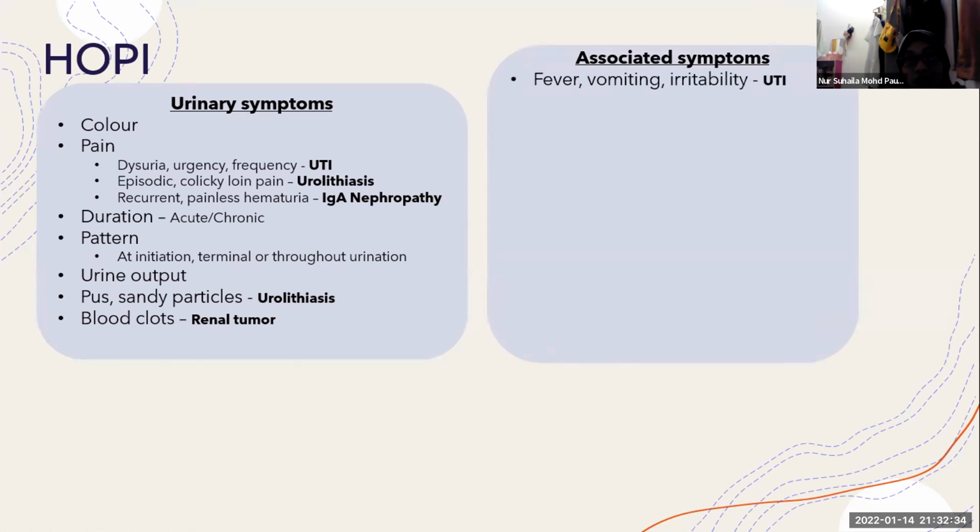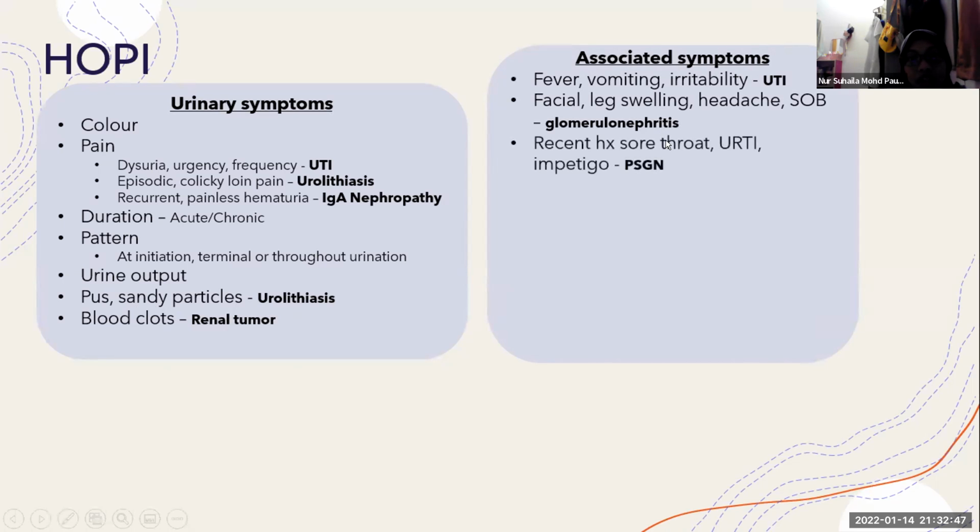Ask about the associated symptoms. Usually you ask about fever, vomiting, and irritability to rule out UTI, and edema, headache, and shortness of breath to rule out glomerulonephritis. Also, if you suspect post-streptococcal glomerulonephritis, we need to ask about recent history of sore throat, upper respiratory infection, and skin infection. For HSP, ask about abdominal pain, arthralgia, rash, and hematochezia.